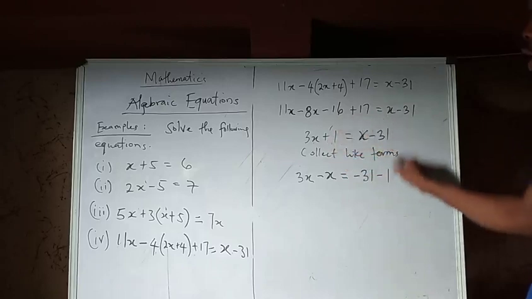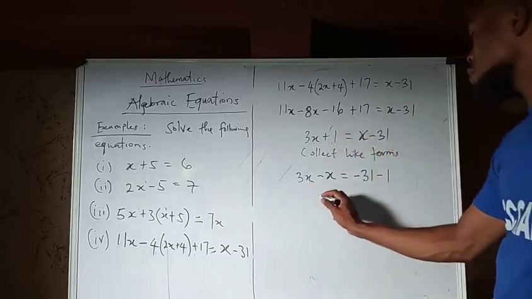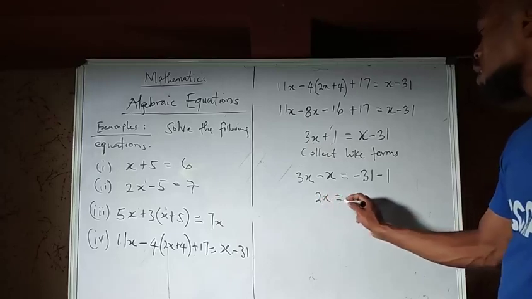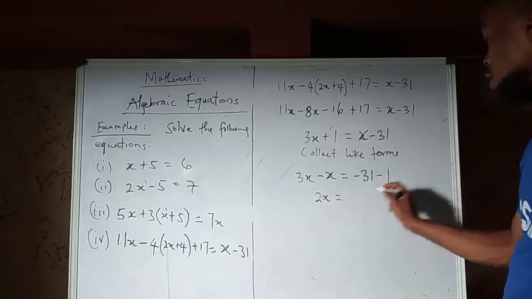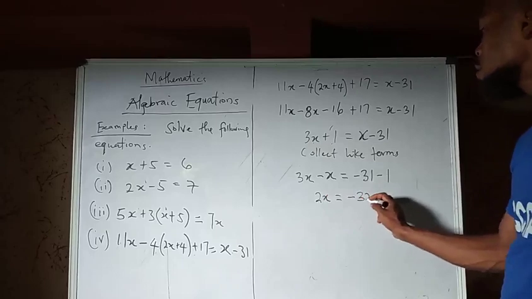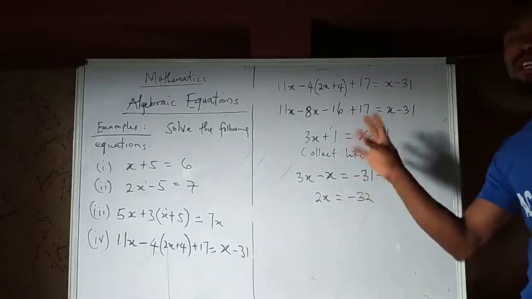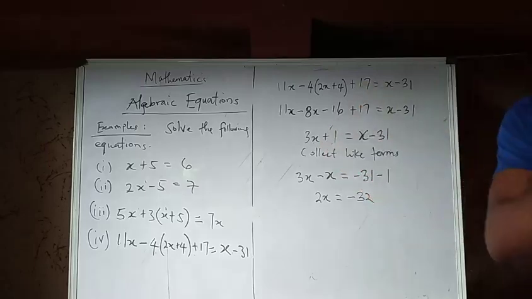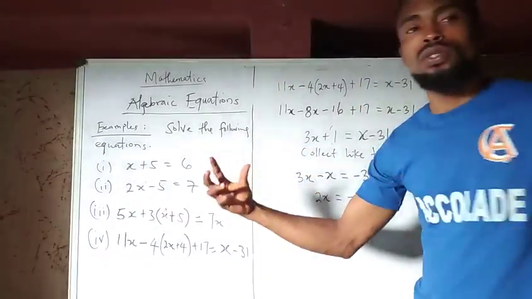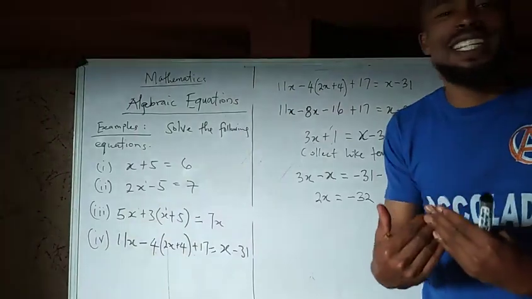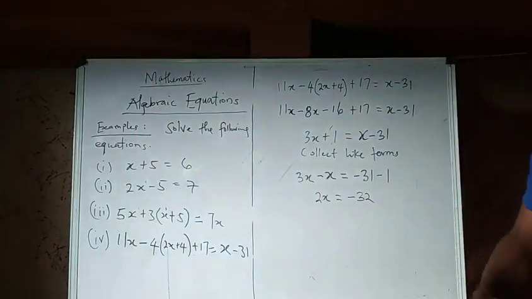It's positive, and when it comes over, it becomes negative. Alright, so 3x minus x will give us 2x equals minus 31 minus 1, which is simply minus 32. It's just like saying minus 31 plus minus 1. So when you add the two minuses together, it becomes minus 32.